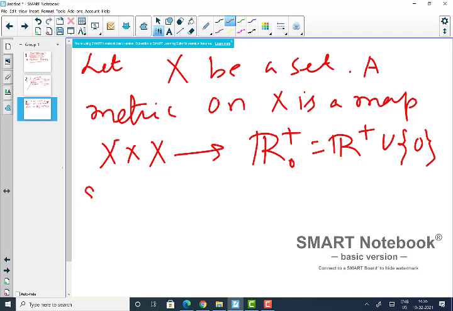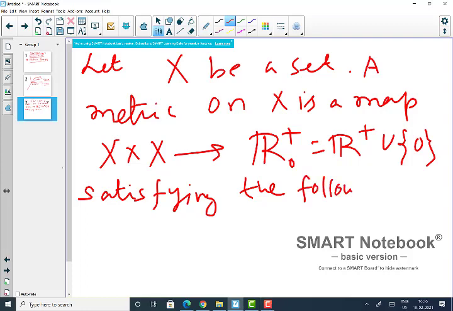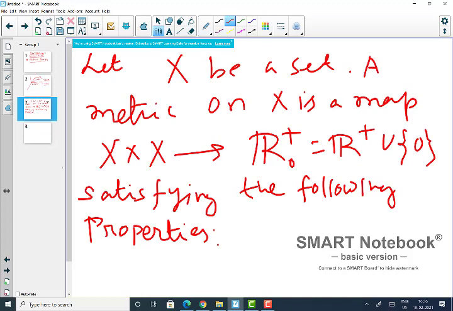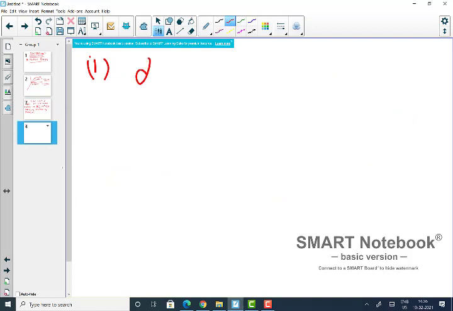So what are the properties I will write down? Since this is a map, let me write down the name: d from X cross X to R plus union 0. Property number 1: d of x1, x2 is always non-negative.